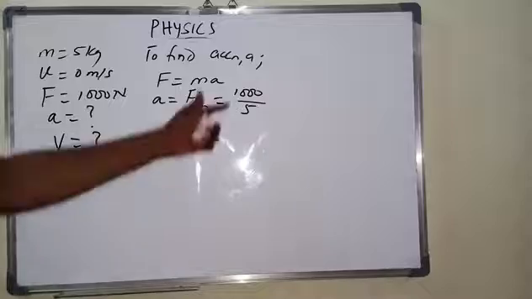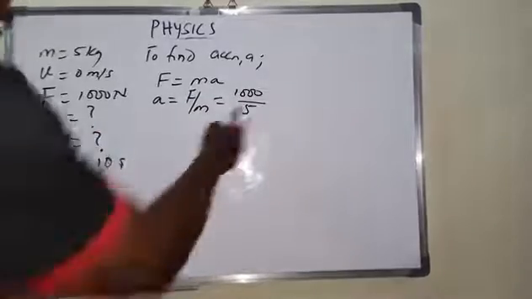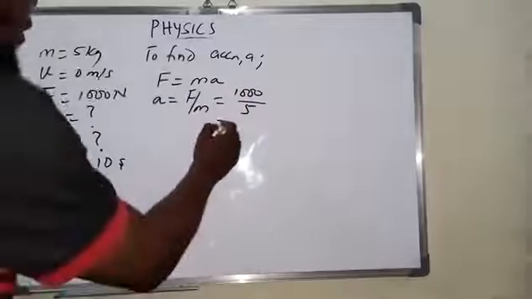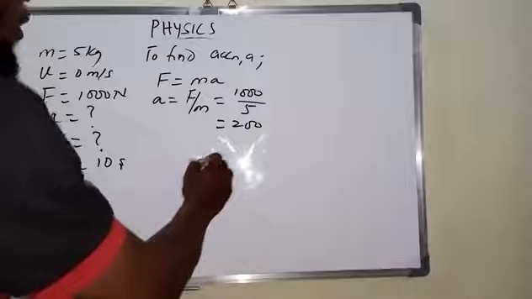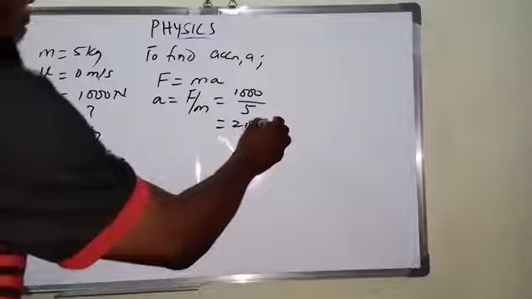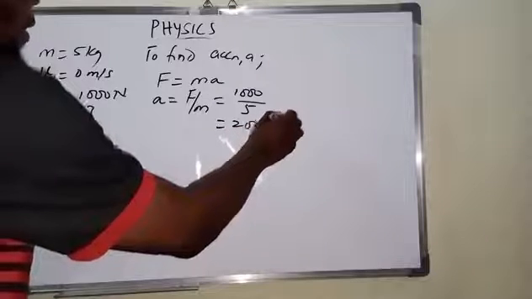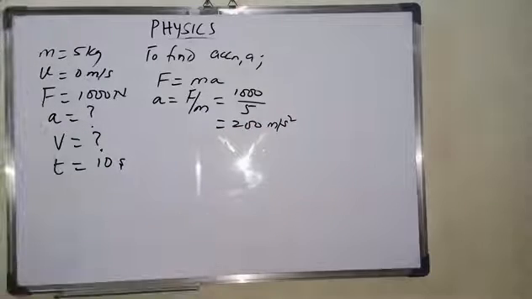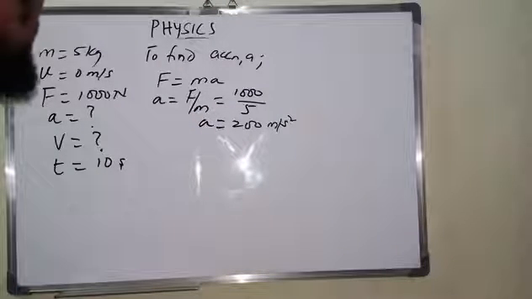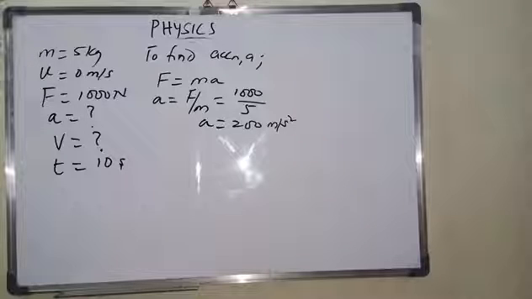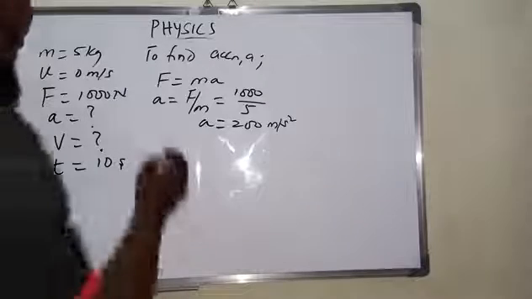So by that, if 5 goes into 100, that is 20. So we should have 200, I mean 200 meter per second square. Meter per second square is the unit of acceleration, so this is our acceleration. The next thing is to find v.